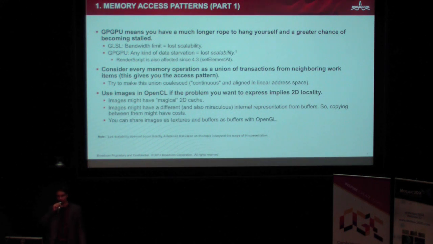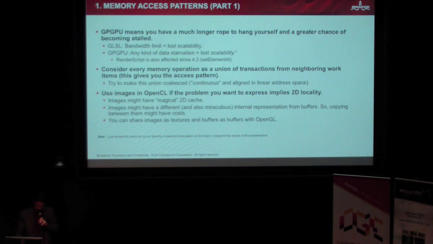This magic is actually dark magic, because there is no chance that any vendor would like to go into too much detail about it, but you can assume that it's practically the same thing for different hardware. I've advised you to do mapping as often as you can, but because of the different internal representation, mapping for images may have some cost.